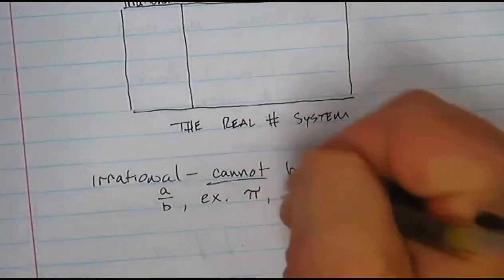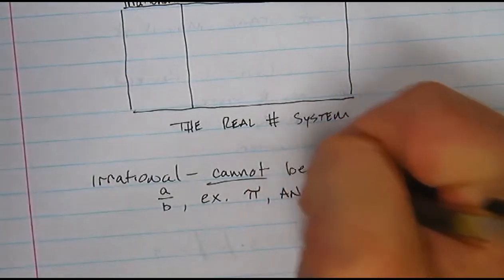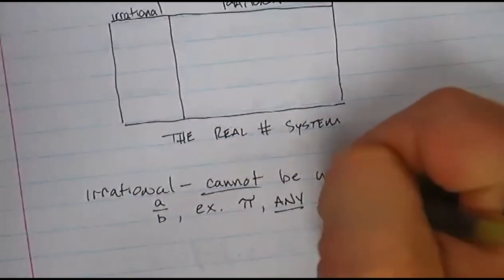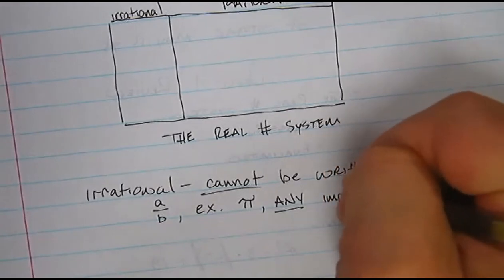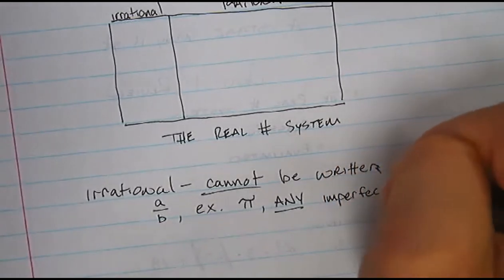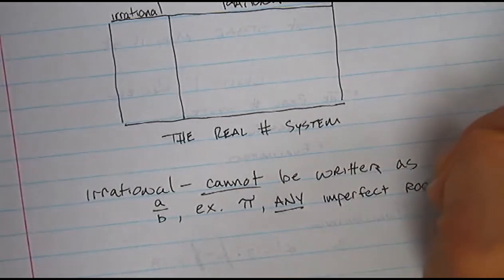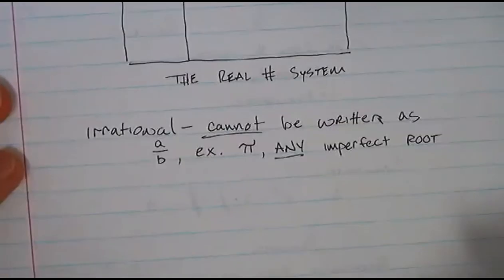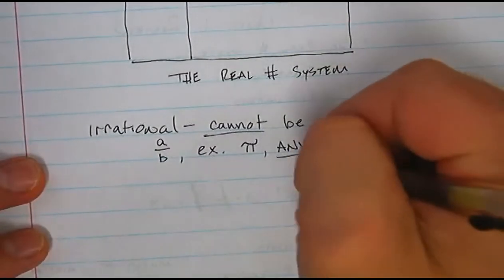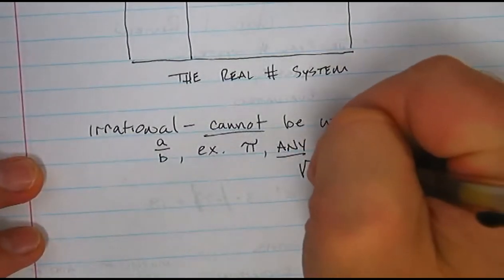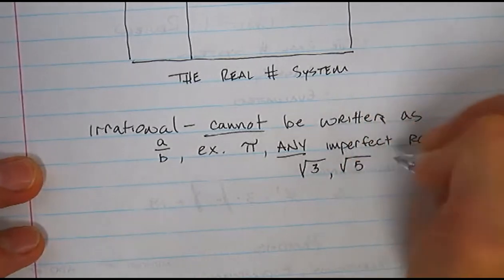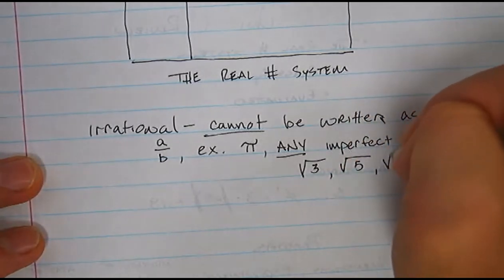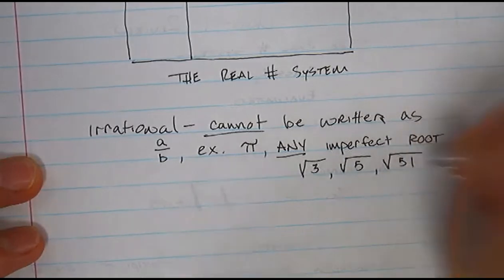The other example is very important: any imperfect root, okay? And what do I mean by imperfect? All right, so we're talking about things like square root of 3, square root of 5, square root of 51, right?